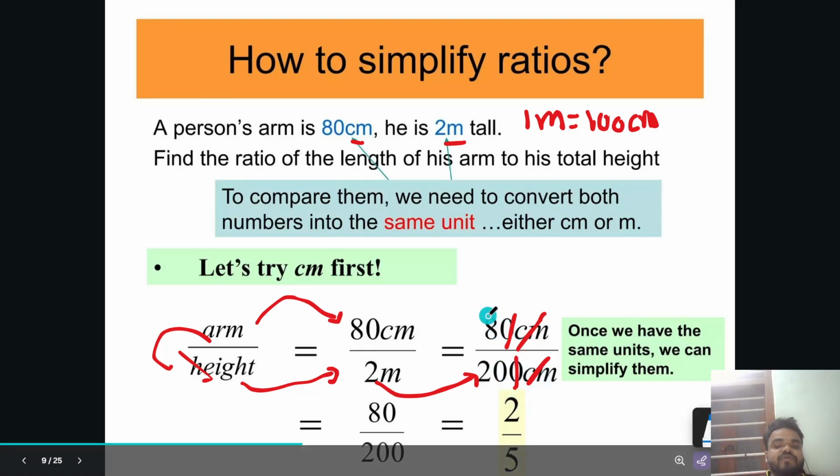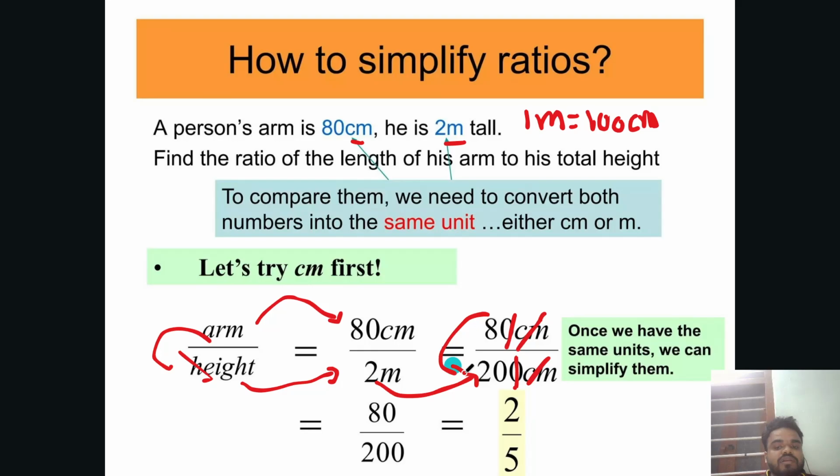What is the HCF of 8 and 20? Let's find. Can I write 8 as 2 cube and 20 as 2 square into 5? Yes. What is the common factor of both numbers? 2.